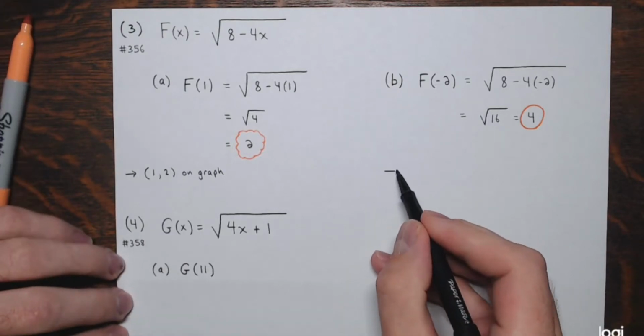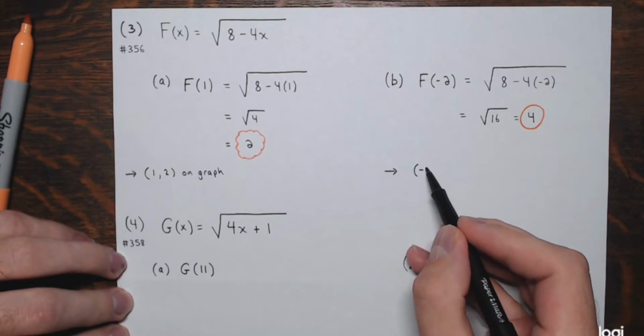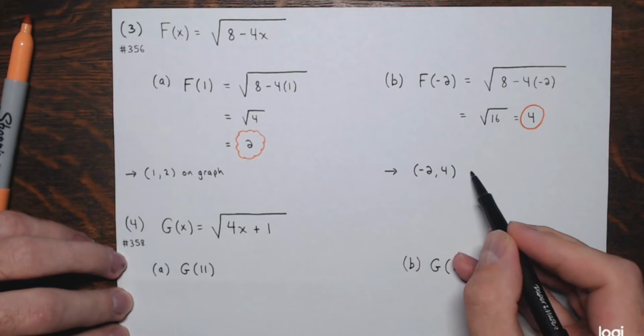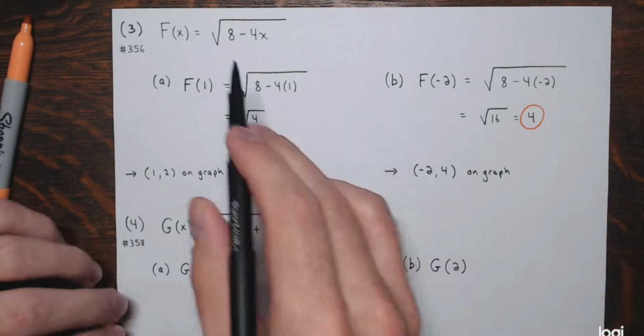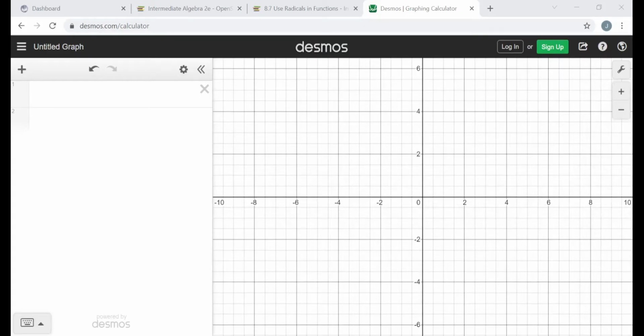And this tells us that (-2, 4), input negative 2, output 4, is a point on the graph of this function called capital F. Let me show that to you again. I'm just going to enter the function here as is, capital F of x equals the square root of 8 minus 4x.